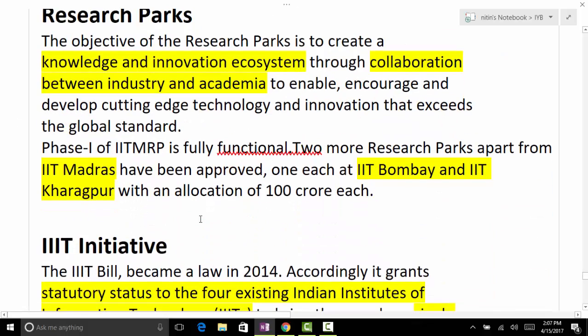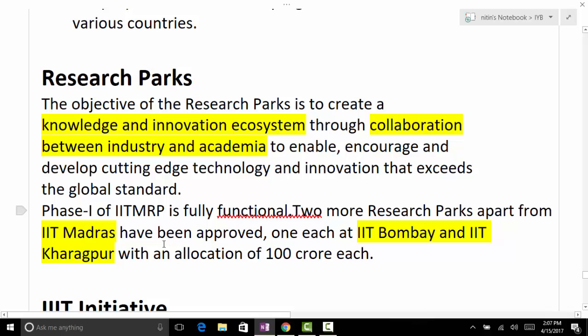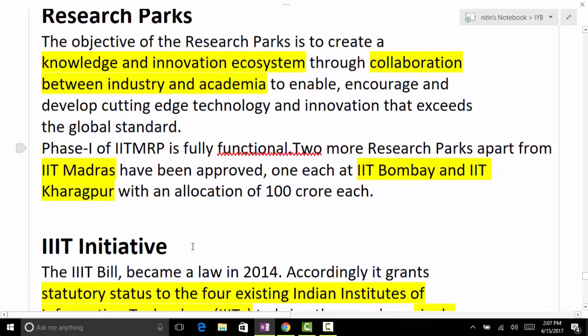Research parks, a knowledge and innovation ecosystem through collaboration between industry and academia. Kind of a knowledge and innovation ecosystem they provide for. IIT Madras has already functional research parks. IIT Bombay and IIT Kharagpur will also build one.